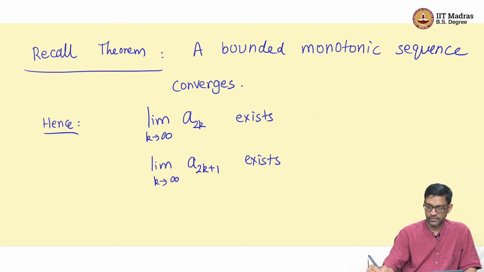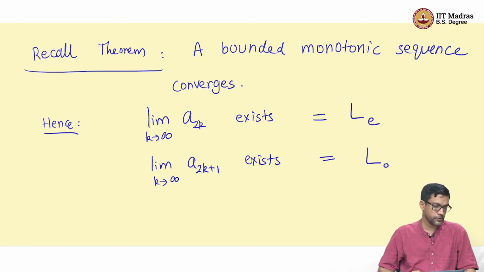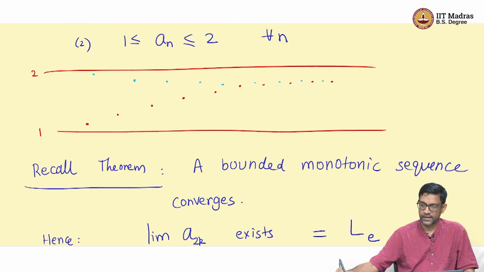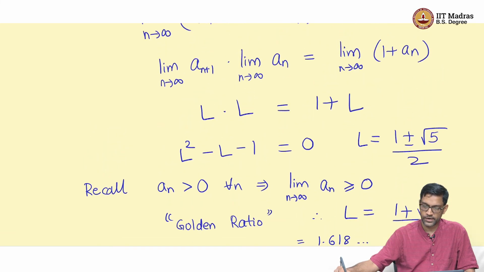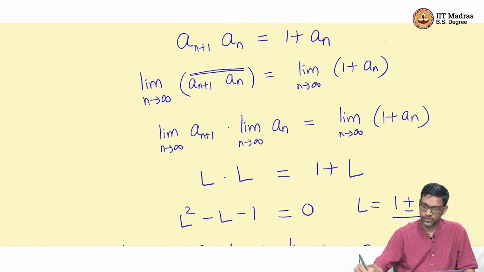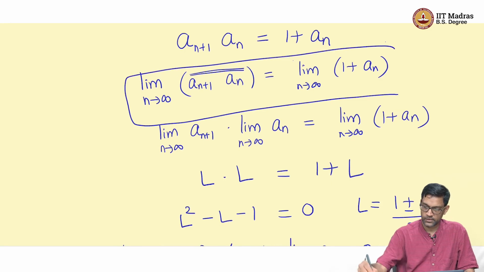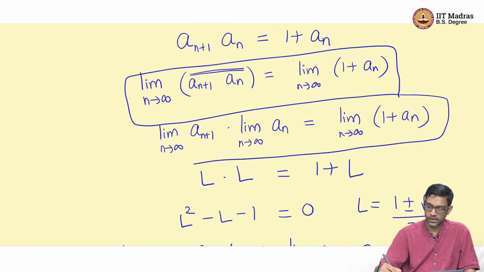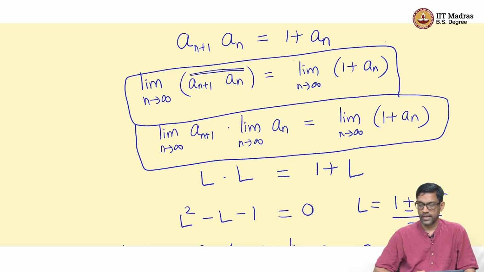Let's call these limits L even and L odd, and what we really are trying to show is that these two numbers are the same, that the even and the odd limits are equal. If we go back and see how we computed this golden ratio, this was the equation we used: the product a_n a_(n+1) equals 1 plus a_n. Let's tweak this a little bit and put n equals 2k.